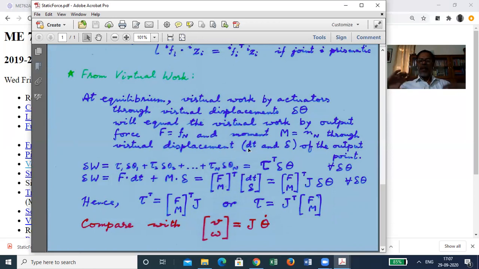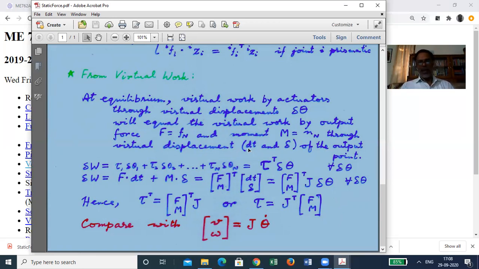Basically, all the virtual works on a system together will be 0. So if there is an input virtual work and then an output virtual work, which is not done on the manipulator, but done by the manipulator on the environment, the corresponding work done on the manipulator by the environment will be the negative of it.